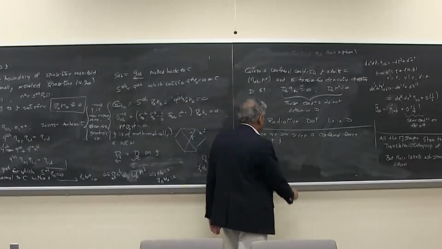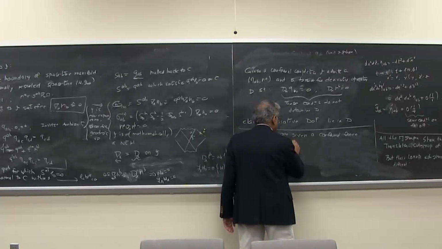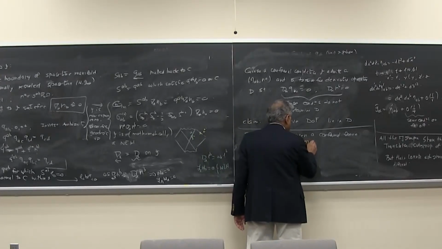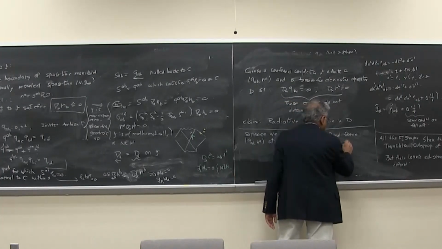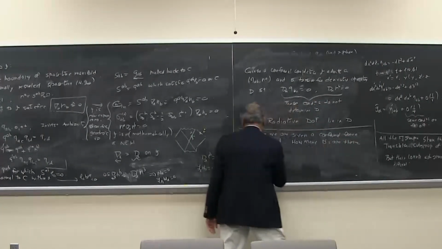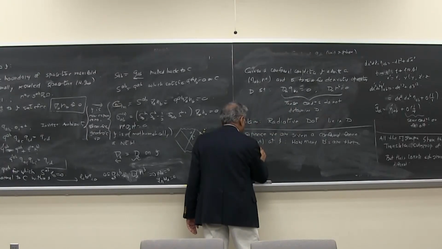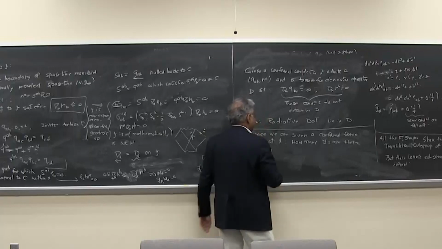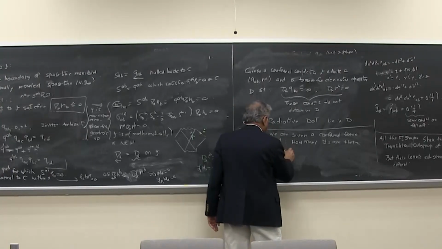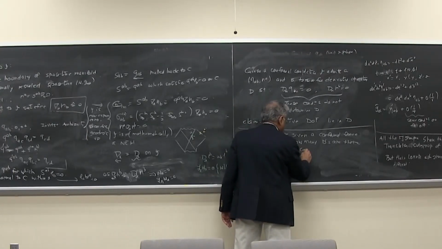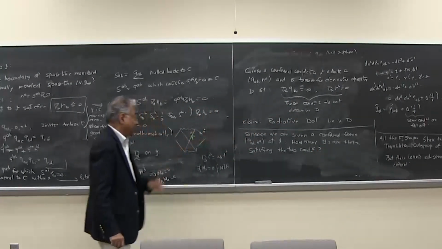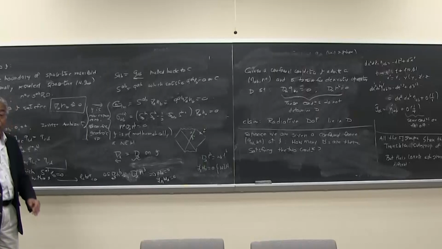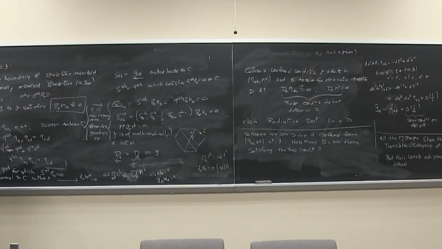Then the question we would like to ask is, how many D's are there satisfying these 2 conditions? Because those will be the potential degrees of freedom which can vary from one space-time to another.